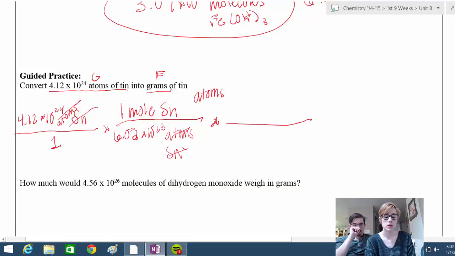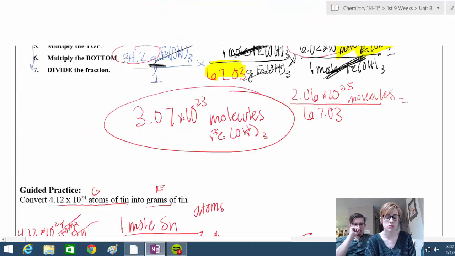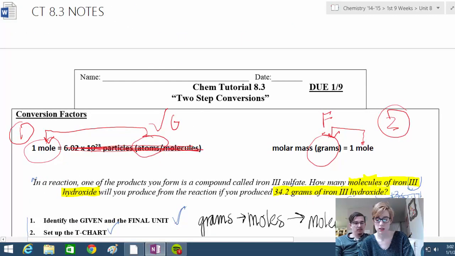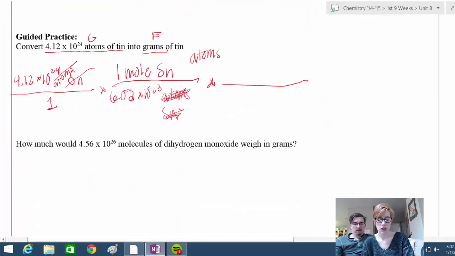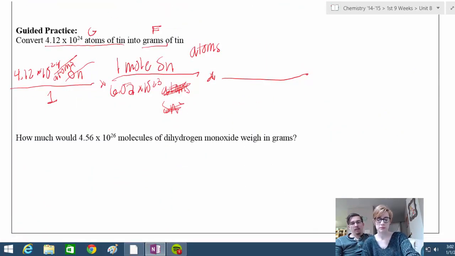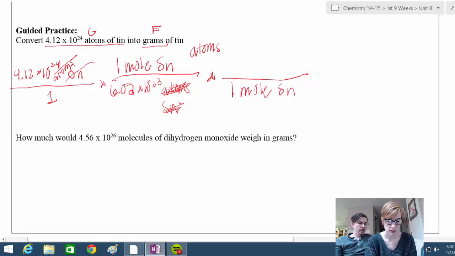Now that I'm in moles of Sn, I have to go from moles of Sn to grams. So 1 mole and my molar mass of tin in grams are going to make up my next fraction. Do I put 1 mole on the top or on the bottom? On the bottom. Why? So that it cancels out. Right, so mole of Sn cancels.